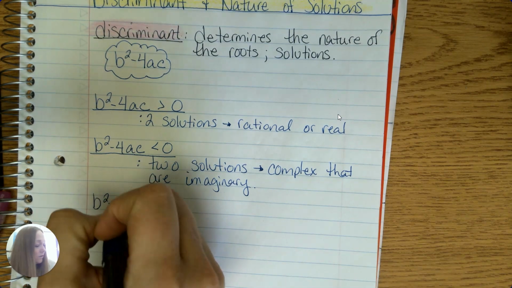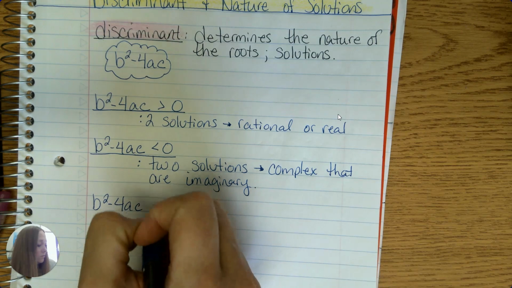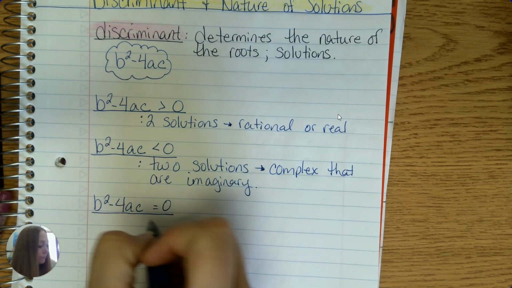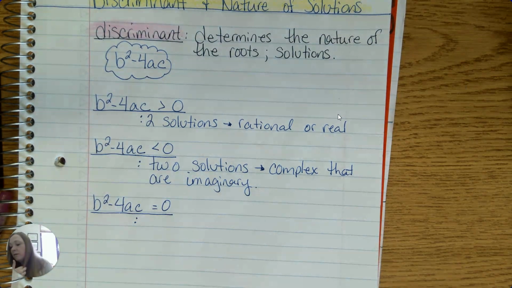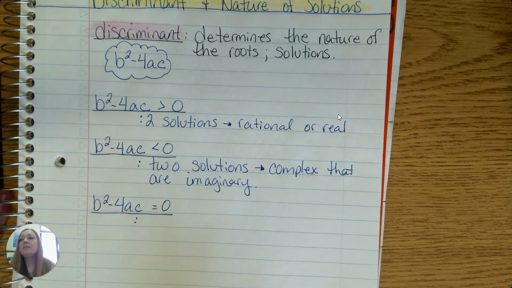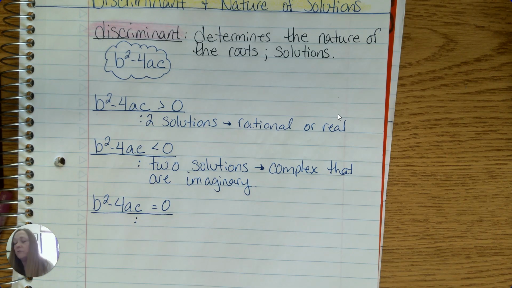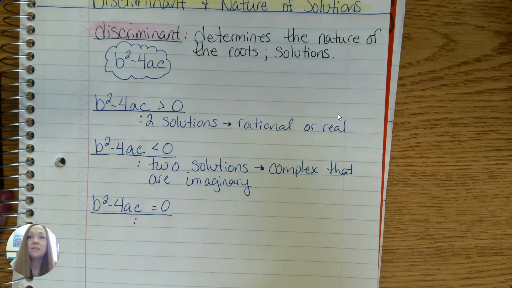Okay, and what if we get one that equals 0? What can we expect to happen there? So 0, when we take the square root of 0, we get 0. And that means we're going to get 1 repeated solution, and in our book we only write it once, okay?